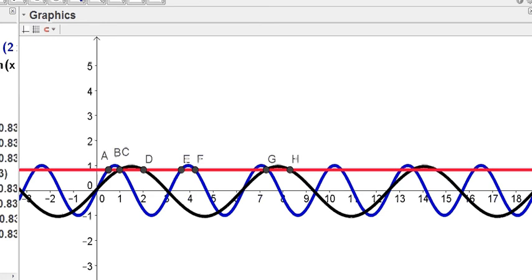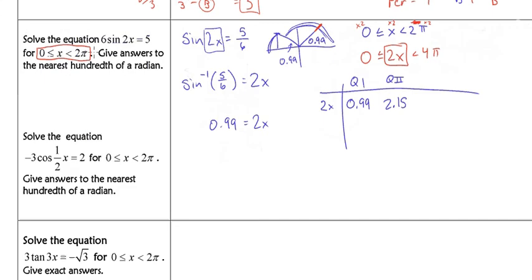So even though our domain is limited to 2 pi, we're going to extend out to 4 pi so that when we divide 2x by 2 to get just x, we'll have those values. This one, let's go with green this time, would be 0.99 radians plus one full time around the unit circle.